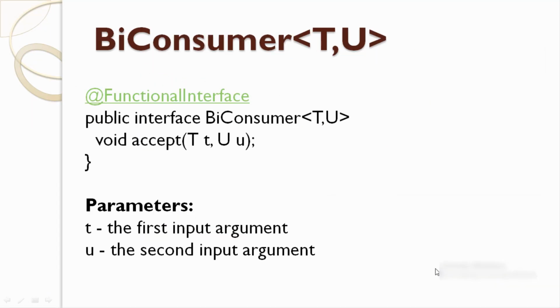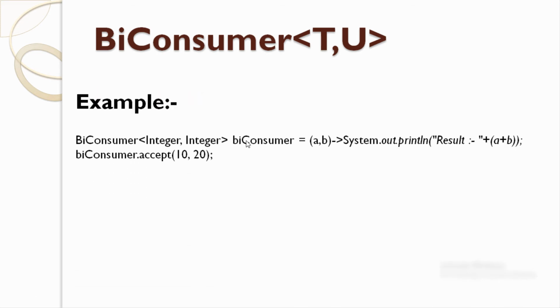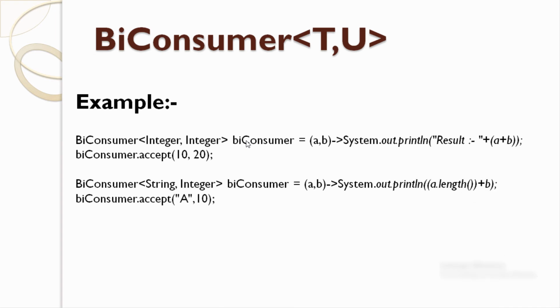So similarly we have BiConsumer also. The BiConsumer takes two arguments, T and U. So you can use this kind of example, and we can also change the type of input parameters, like integer, string or integer. So let's see the example for the same.